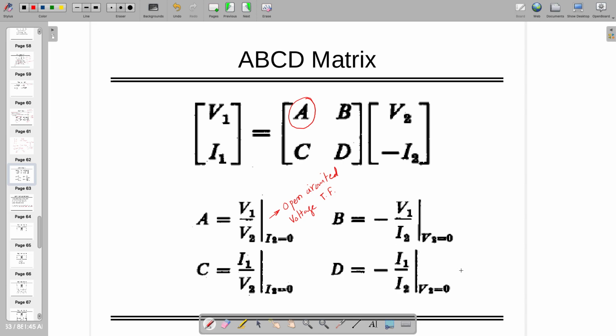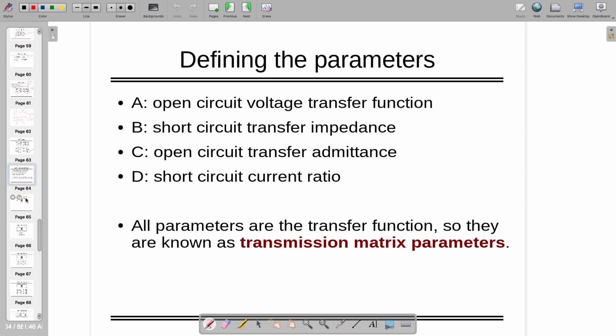Similarly, this one is going to be known as short circuited current transfer function, right? And the other things are the impedance and admittance. Simply, one is short circuited, one is open circuited, right?